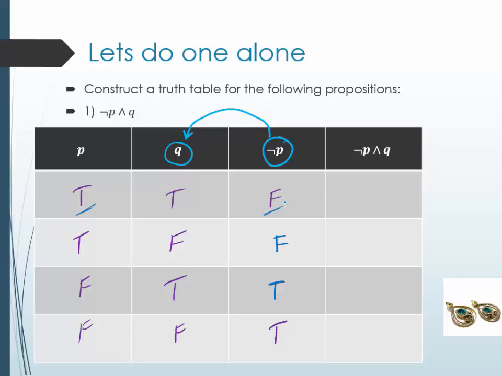That is false, true. That's false. We're looking at the wrong ones. It's not that one, it's this one. So, false, true. That's false. False, false. That's false. True, true. That's true. True, false. That's false. Good.